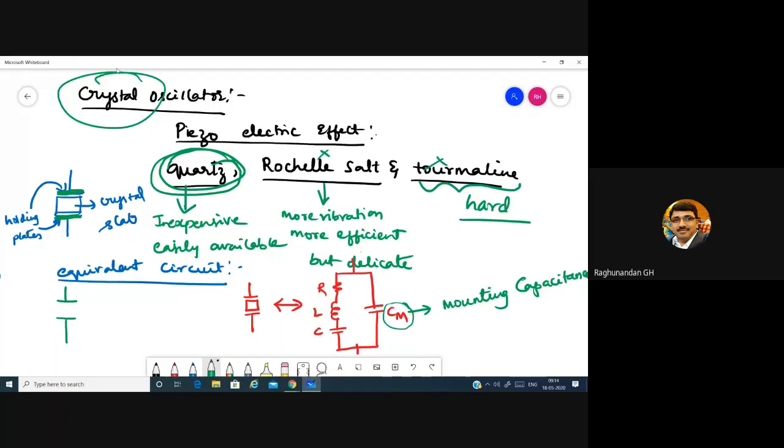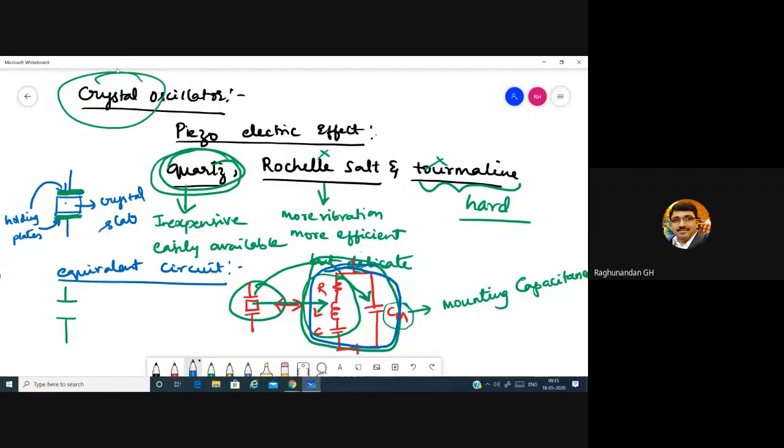That's why we are going to consider it. It is connected in parallel to RLC. What is this RLC? It is the equivalent circuit for the crystal.